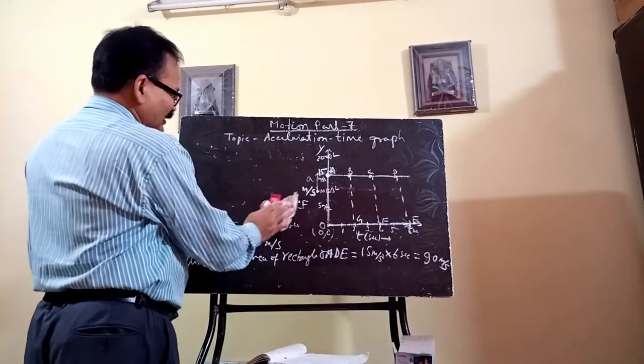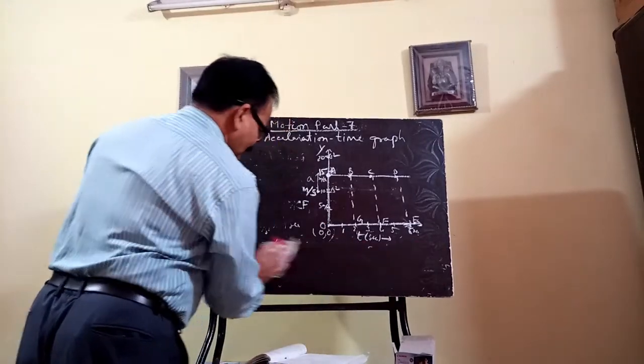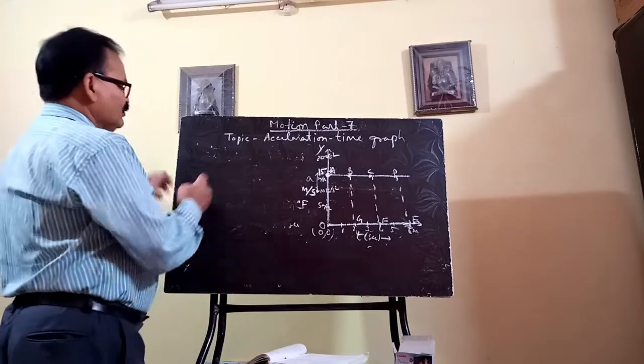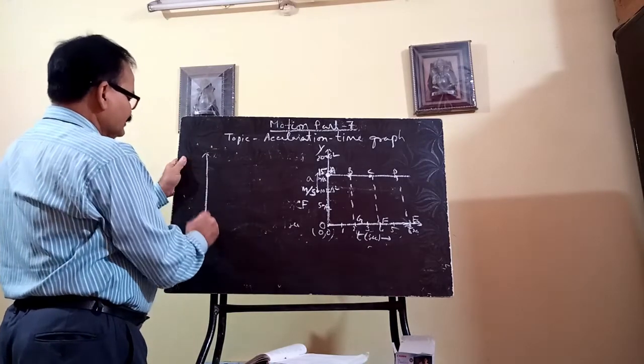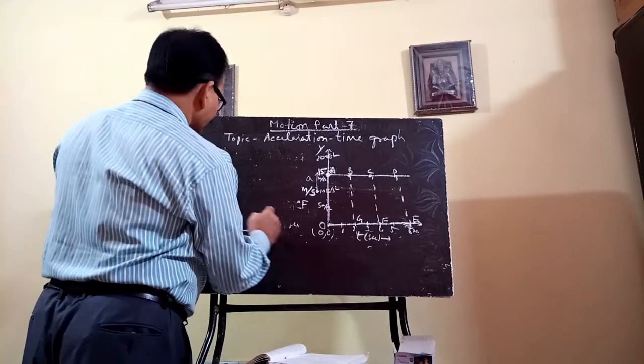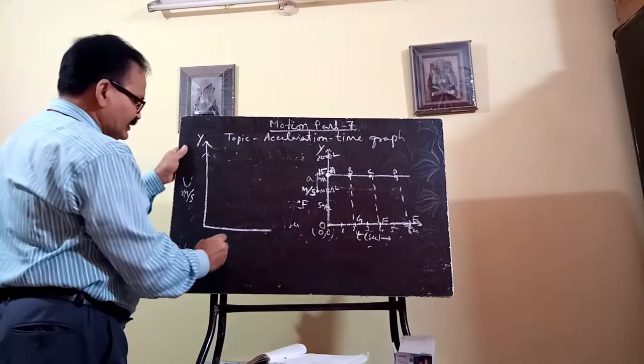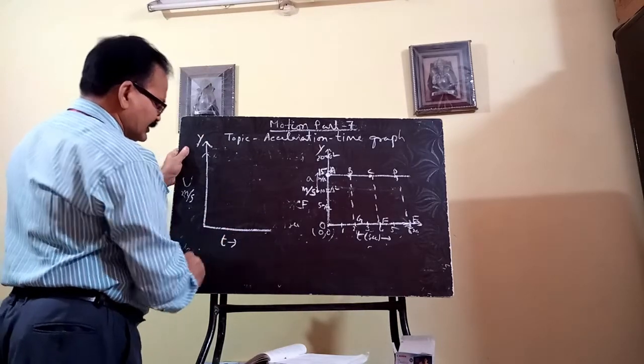For the velocity time graph, your data, after this calculation from the acceleration time graph, will be as follows. This is the velocity in meter per second along the y-axis, and time is along the x-axis.